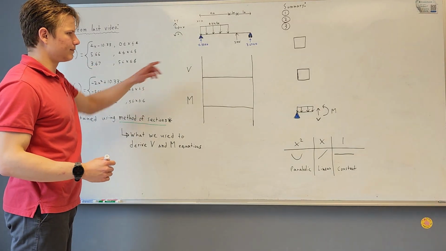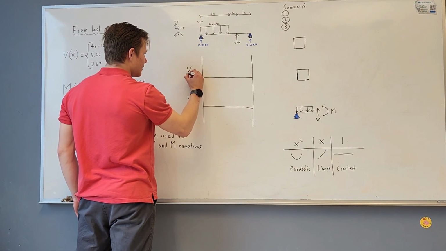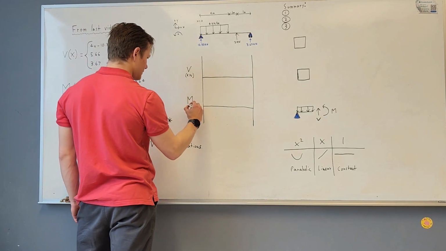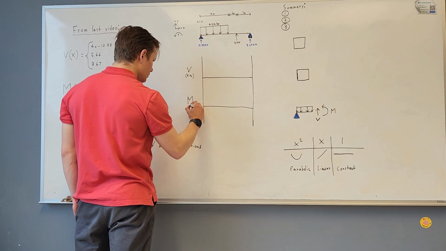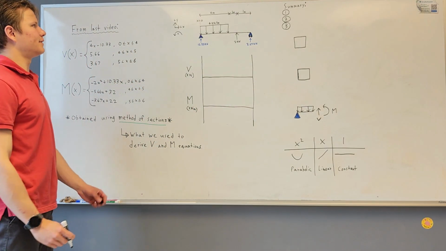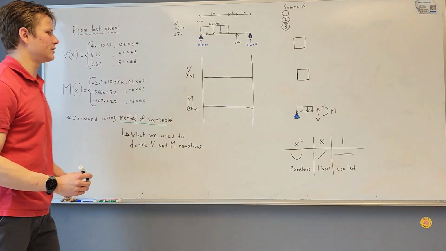So V represents shear, and we'll want to include our units for each of these. Shear is going to be in kilonewtons in this case, and moment will be in kilonewton meters. And this is because from the very start, we only used kilonewtons and meters when doing our calculations.